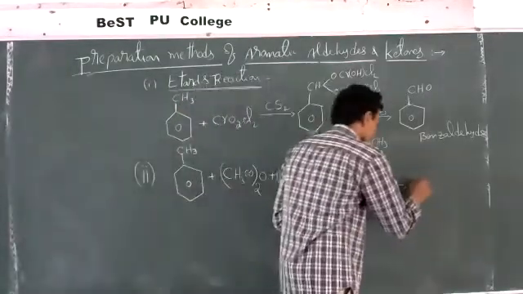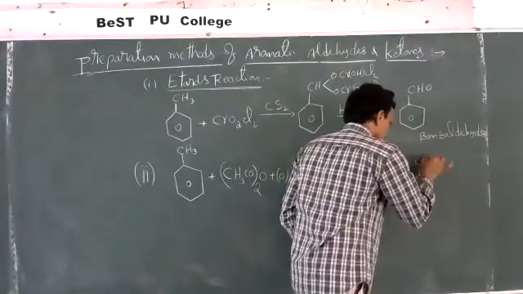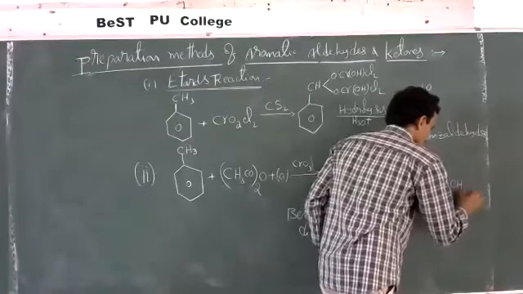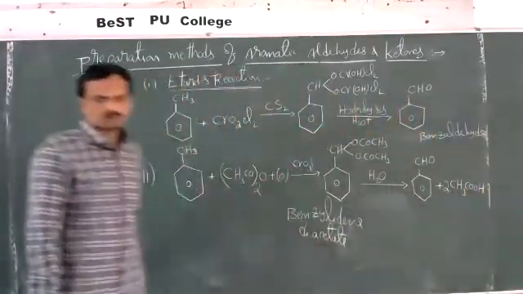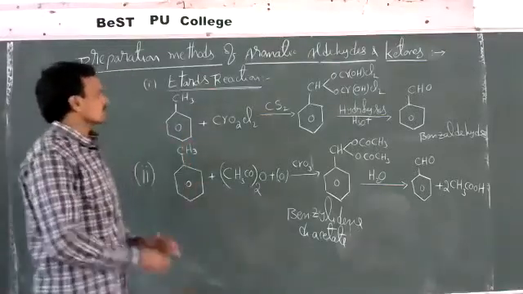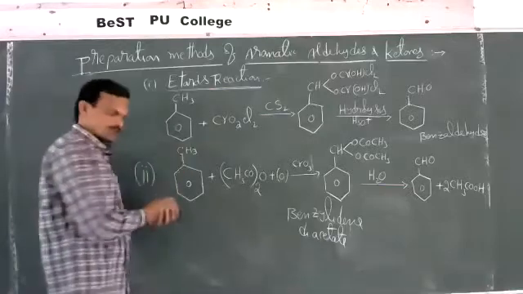Means here we will get 1 mole of benzaldehyde plus 2 moles of acetic acid, CH3COOH. So this is the second preparation method of aromatic aldehyde from methyl benzene.